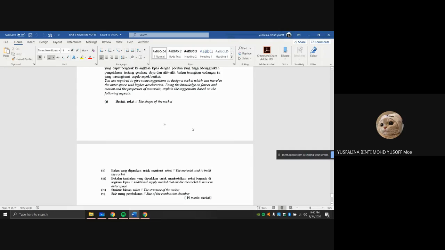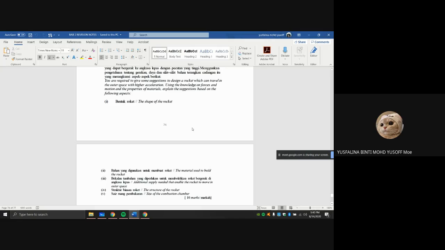Okay. The next one is the structure of the rocket. When the rocket starts to move and goes up, it will release the fuel tanks one by one.